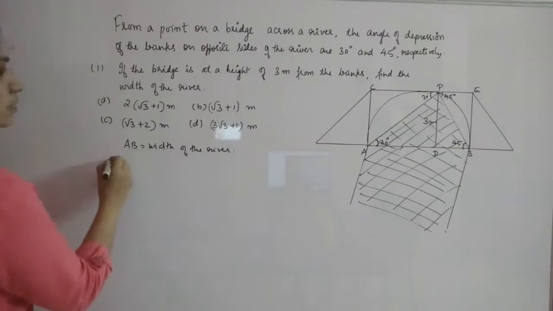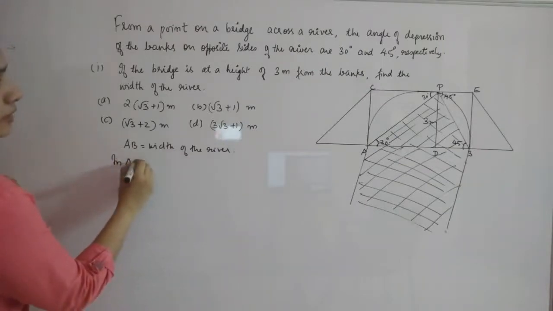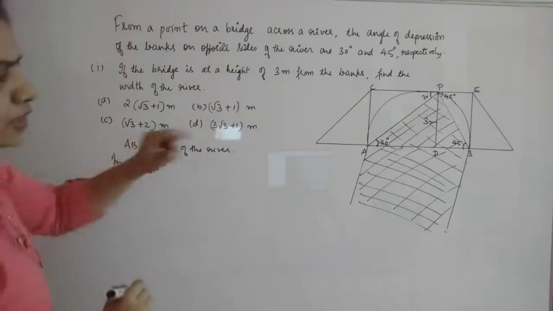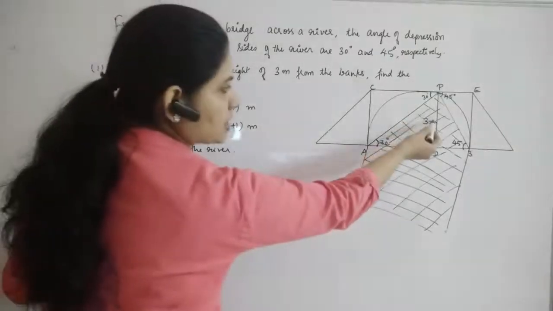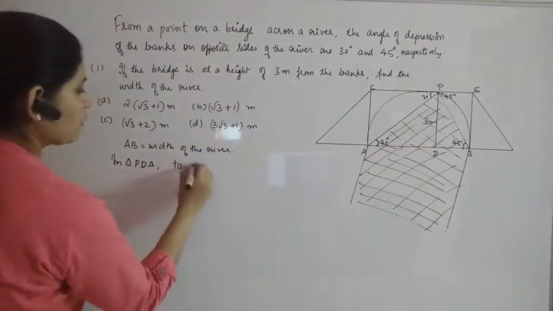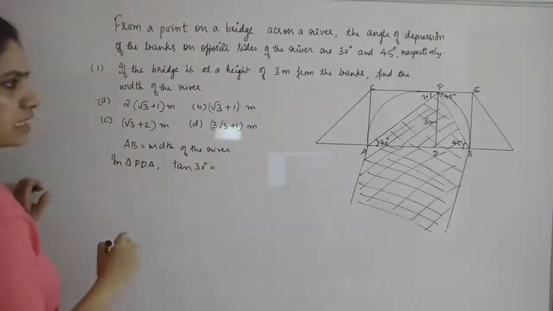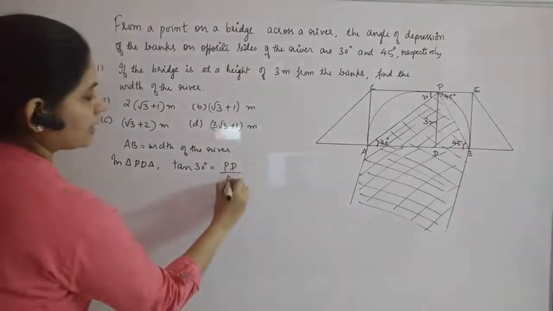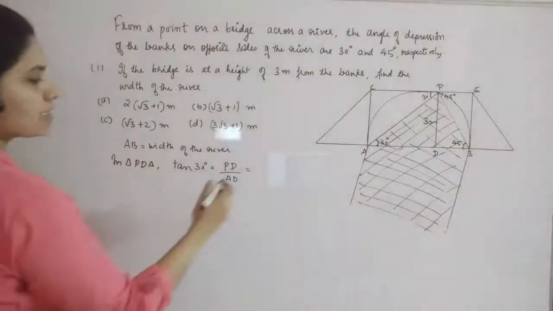From triangle PDA, you have the opposite side and you need the adjacent side, so you can use tan of the angle. Tan 30 degrees is equal to PD by AD. What is PD given as? 3.